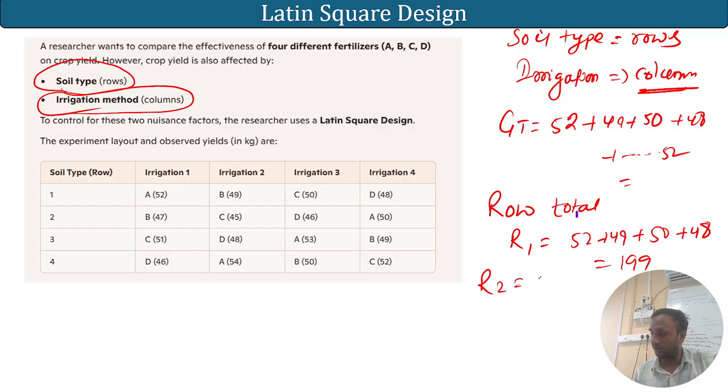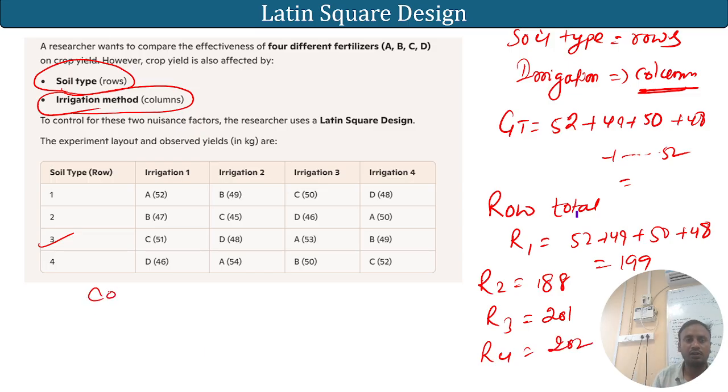It came to 188. R3, row 3: 51, 48 is 99, plus 52 is 152, plus 49 is 201. R4: 46, 54 is 100, 150, 202.